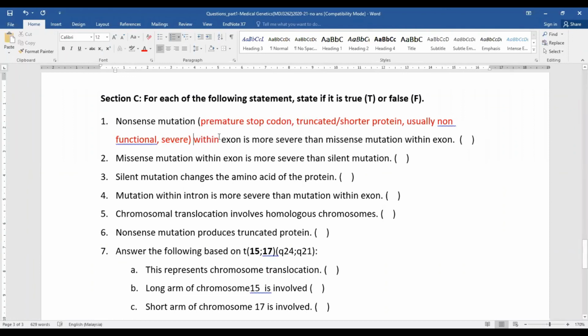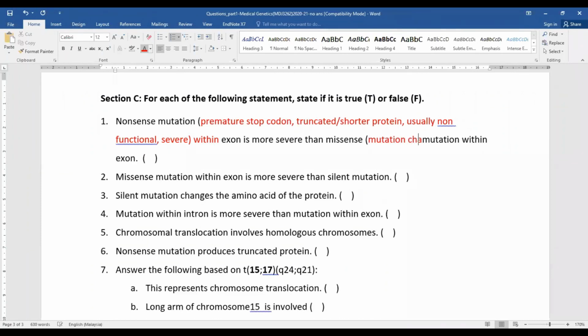So nonsense mutation within exon is more severe than missense mutation within exon. Both of them are within exon, but missense, what is missense? Missense mutation, if you remember, is a mutation changing the amino acid.